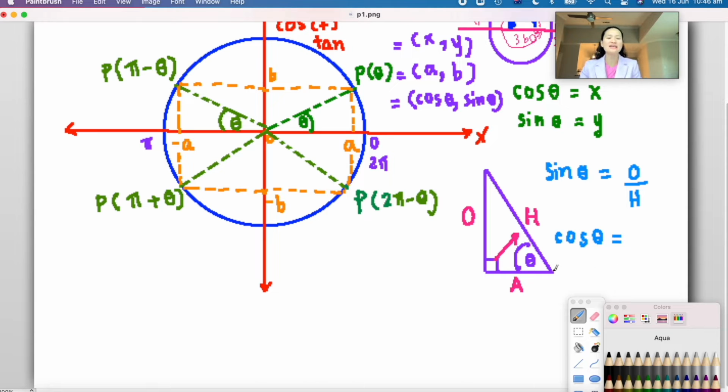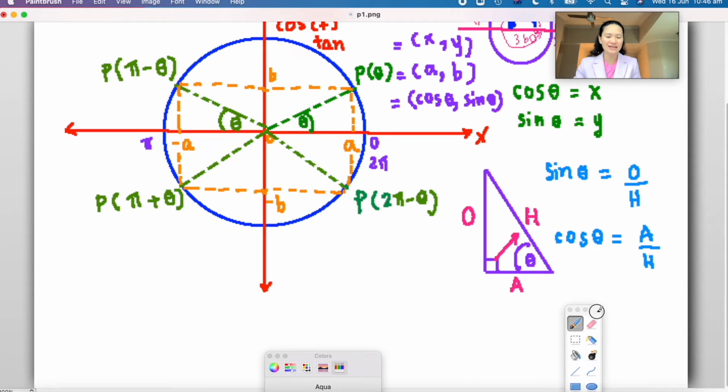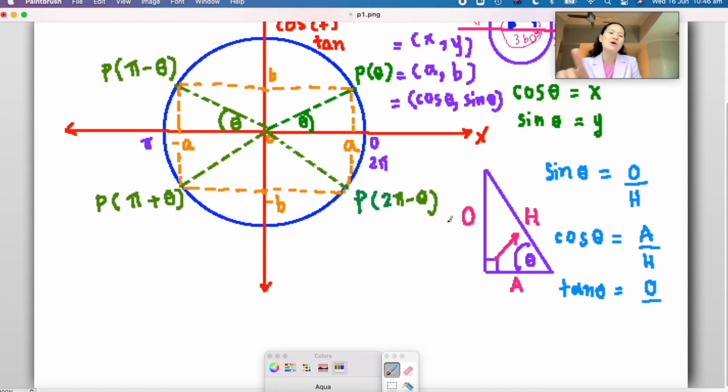Cos theta equals adjacent over hypotenuse. Next one, let's see. How about tan theta? Tan theta. Do you remember this one? Yes, of course, it is equal to opposite over adjacent.